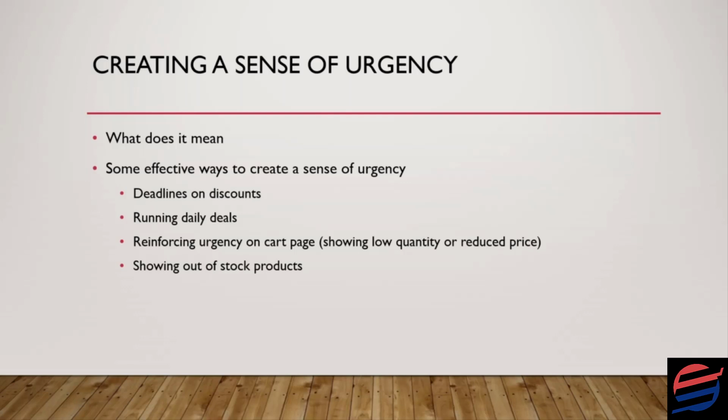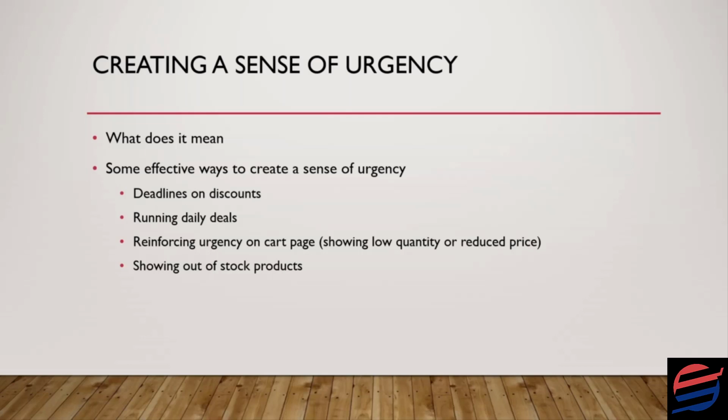So the first thing that you can use to recreate this sense of urgency is creating sales. Let's say you make a product 10% off, and when you create your sale you need to put a deadline on your discount. If you let this discount here forever, people will not buy because they don't have the sense of urgency. They'll tell themselves, okay, I'll come back tomorrow, I'll buy the product tomorrow, I'll come back in 2 days or in 3 days or whatever.